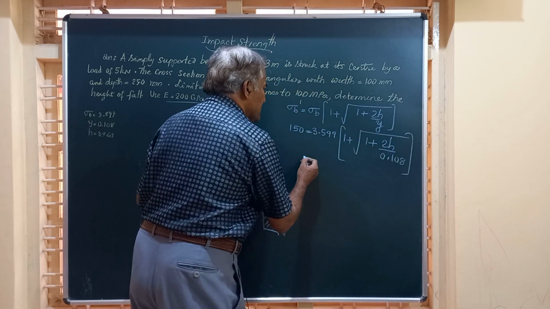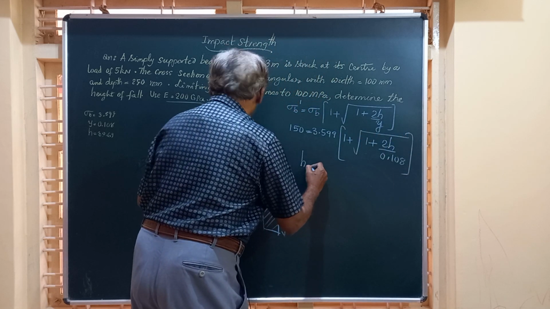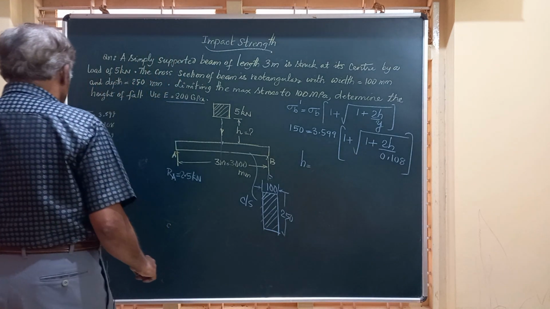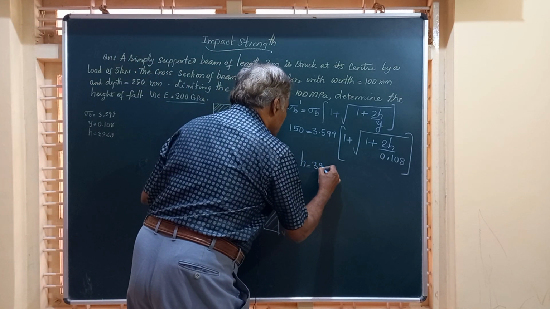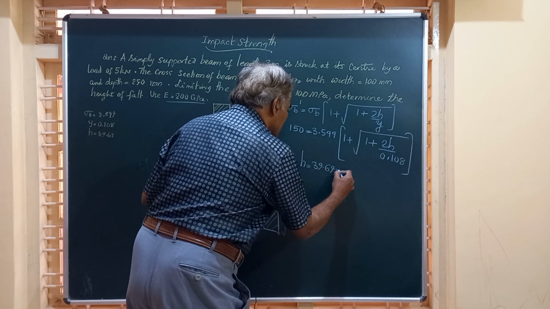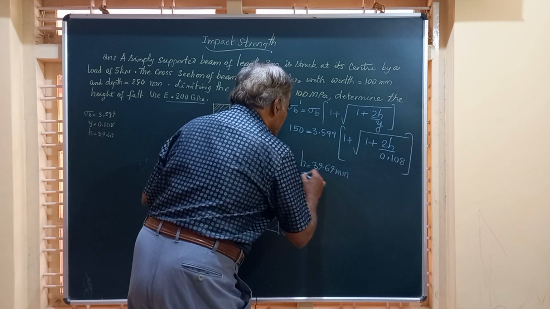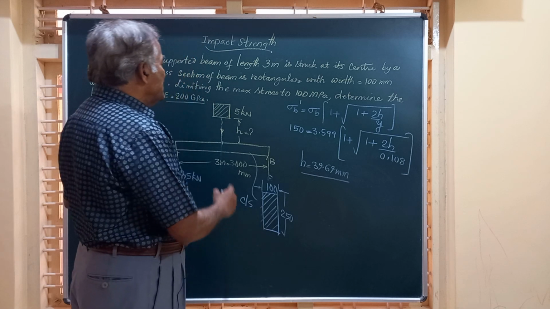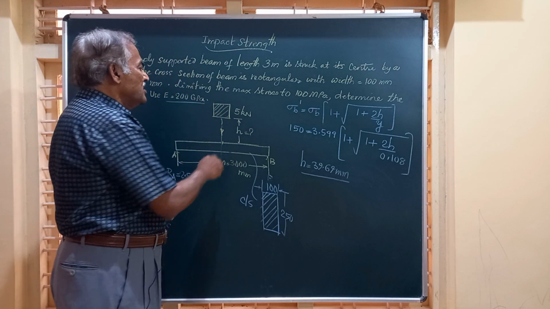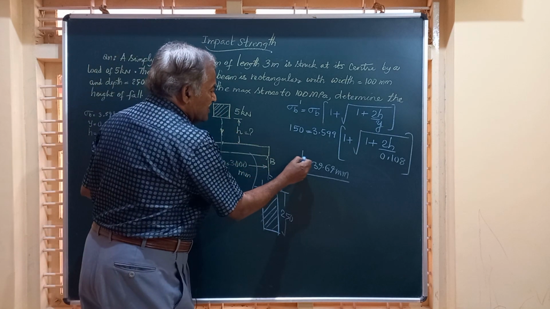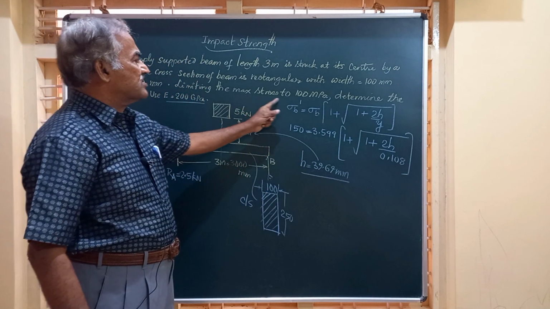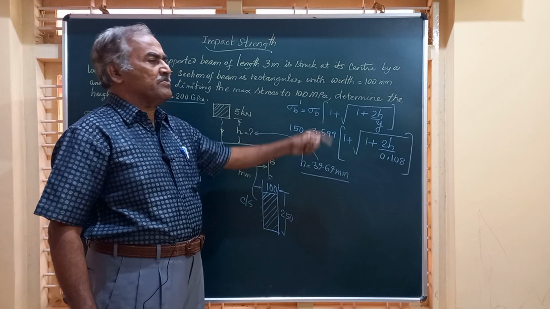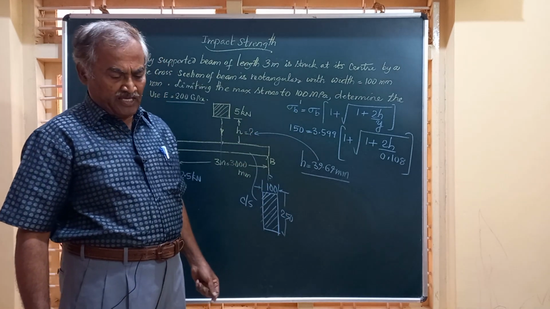Friends, if you simplify this, you will get the height of fall as 39.69 millimeter. What's the meaning of this? If you drop this load of 5 kilonewton from a height of 39.69 mm, the maximum bending stress induced in the member will be 150 MPa.